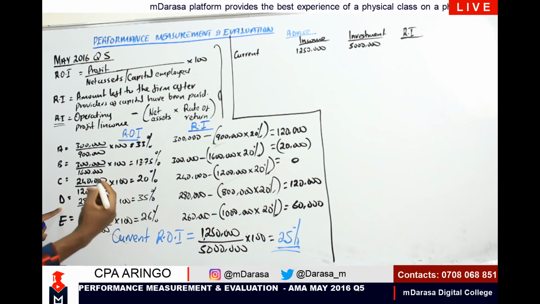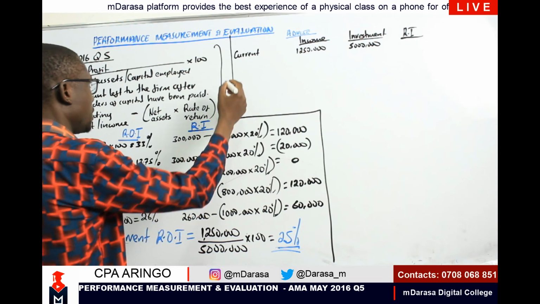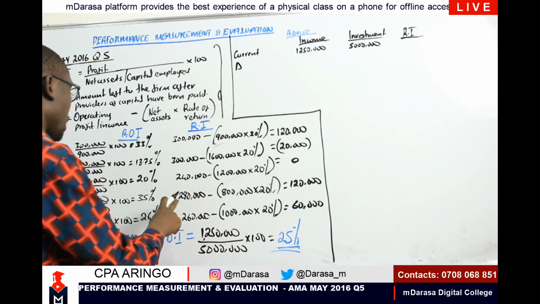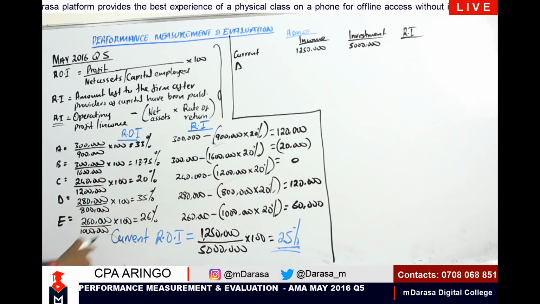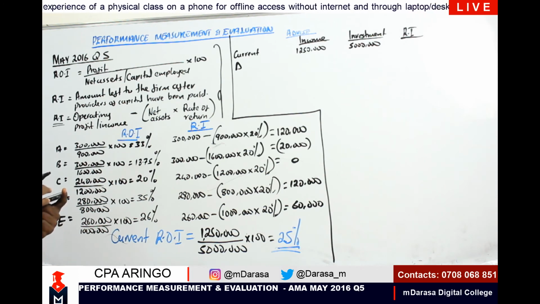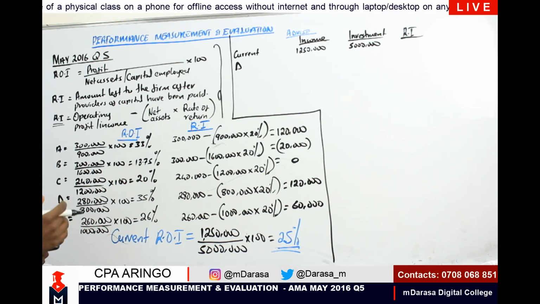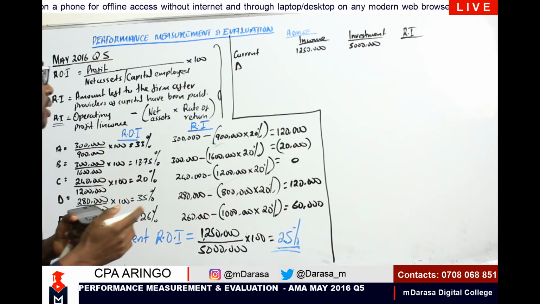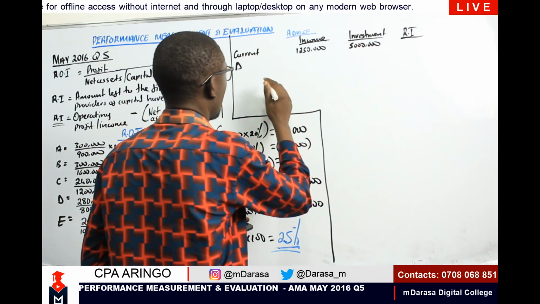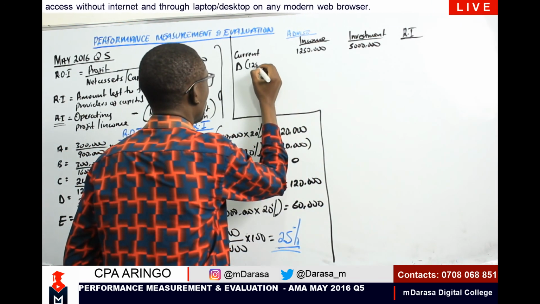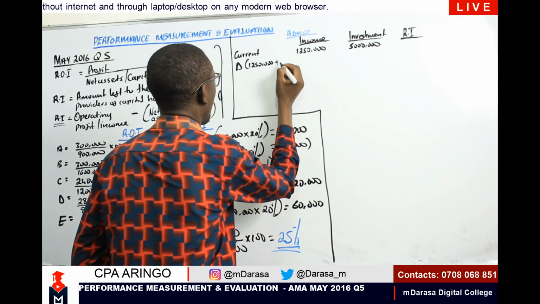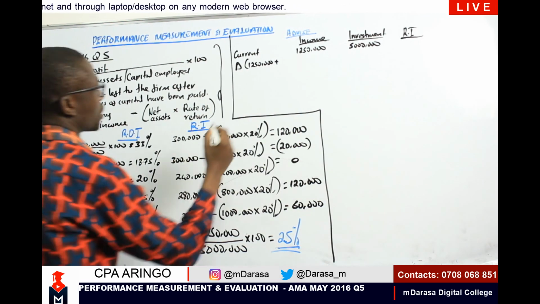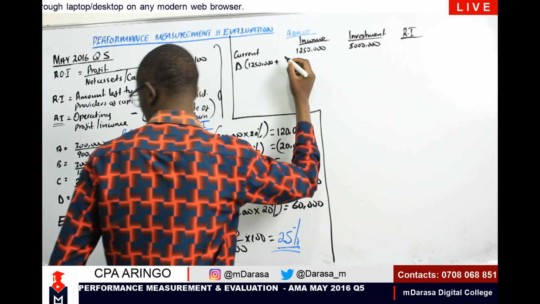So if I was to invest, I'm going to start with project D, which gave us a return on investment of 35%. And what was the income on that? I was given 280,000, right? So I'm going to have the income of 1,250,000 plus 280,000. Let me see if it will fit.